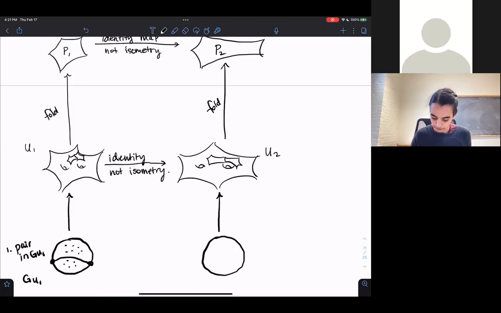Given such a pair, that will give me this geodesic, which I can project down to a non-singular geodesic here. Okay, so that gives me a non-singular geodesic here. Now I fold up that non-singular geodesic and I get a billiard trajectory here.